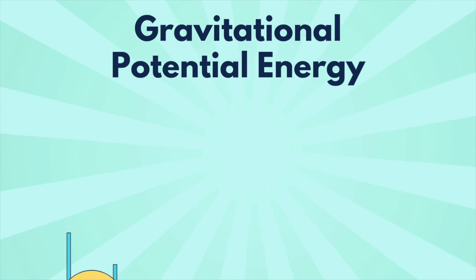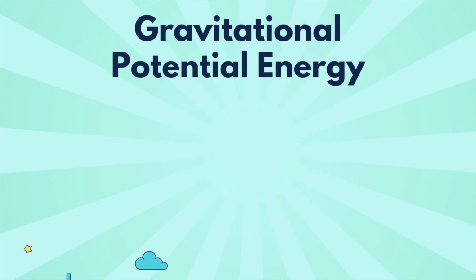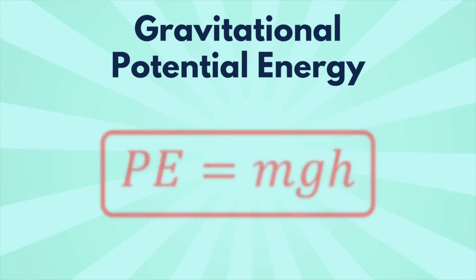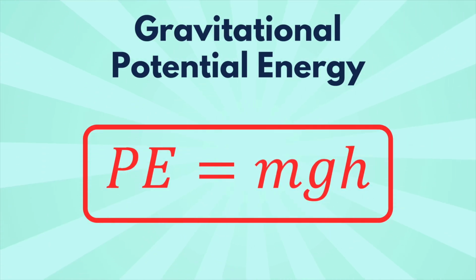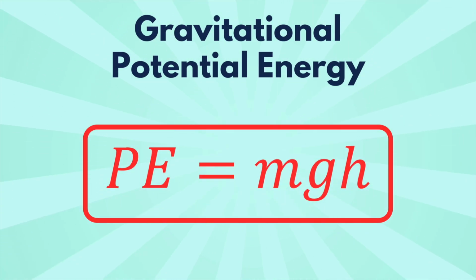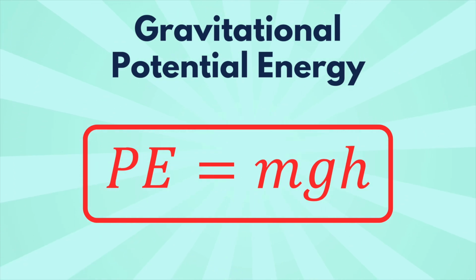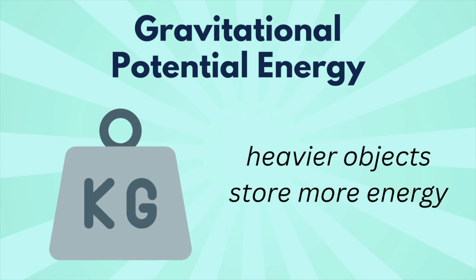We can describe gravitational potential energy, the kind related to height, with this formula: potential energy is equal to mass times gravity times height, written as PE = m times g times h. This tells us that the mass, or m, of the object matters.